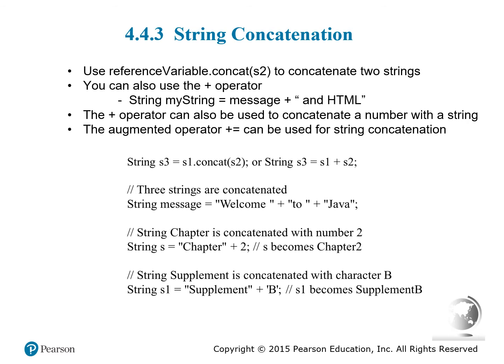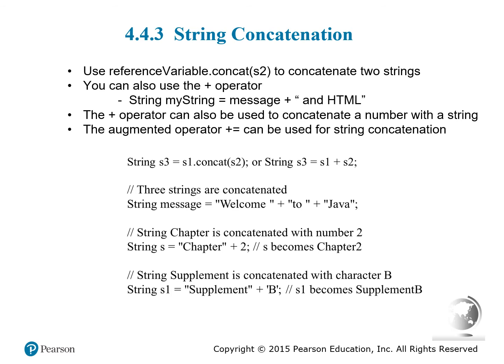If we use the concat method, we code it as s1.concat, open parenthesis, s2, close parenthesis. You will want to note that this is not equivalent to s2.concat, open paren, s1, close paren. Take some time to code this both ways and understand the difference.